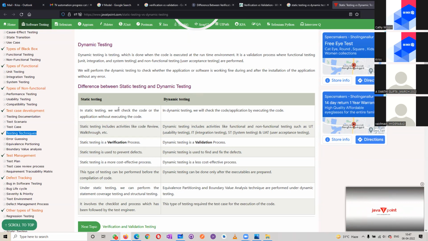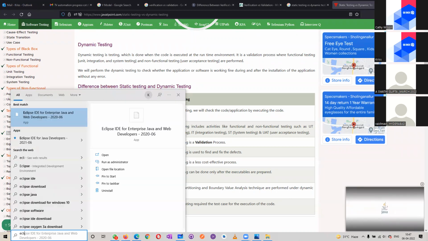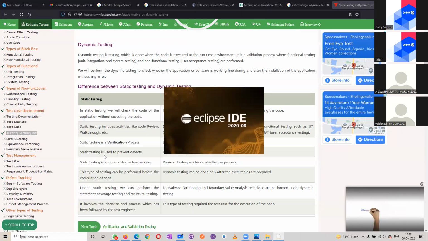In static testing, we will check the code or the application without executing the code. What do you mean by this? Reviewing of the documents. See, now what will happen is code review. For example, now I have written the code. Consider that this is an application.